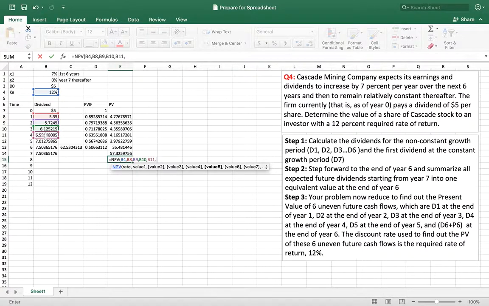The dividend at the end of year 5 given in cell B12, so I click on cell B12. And then the dividend at the end of year 6 given in cell B13, so I click on cell B13 plus P6 given in cell C13, so I click on C13.